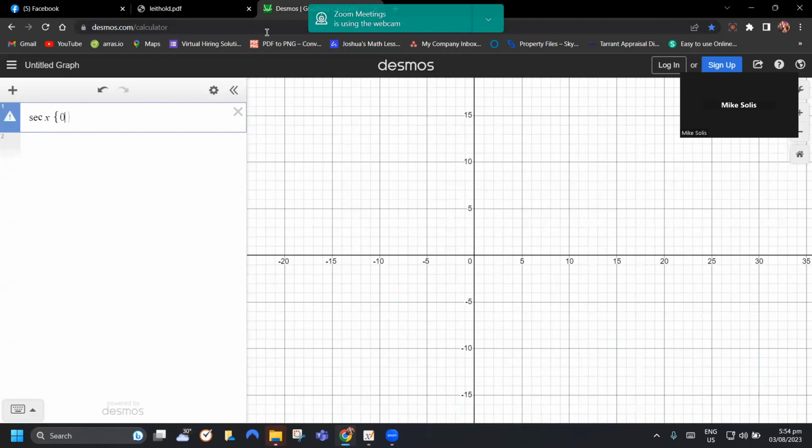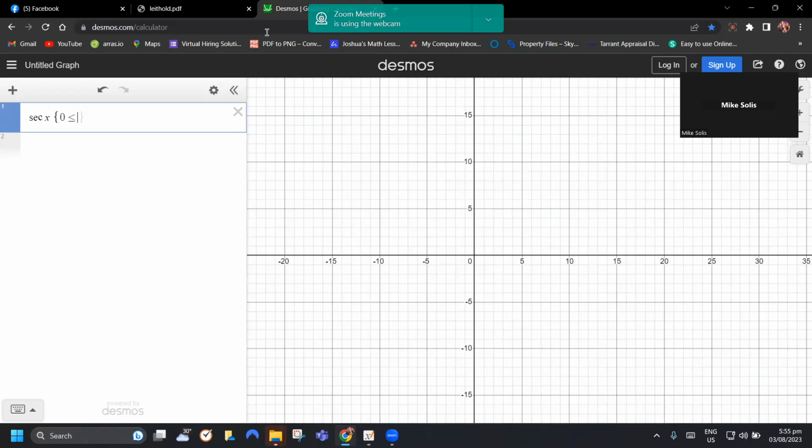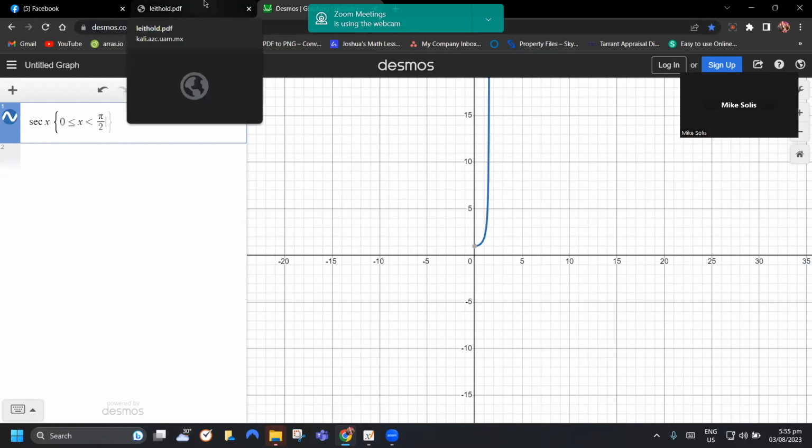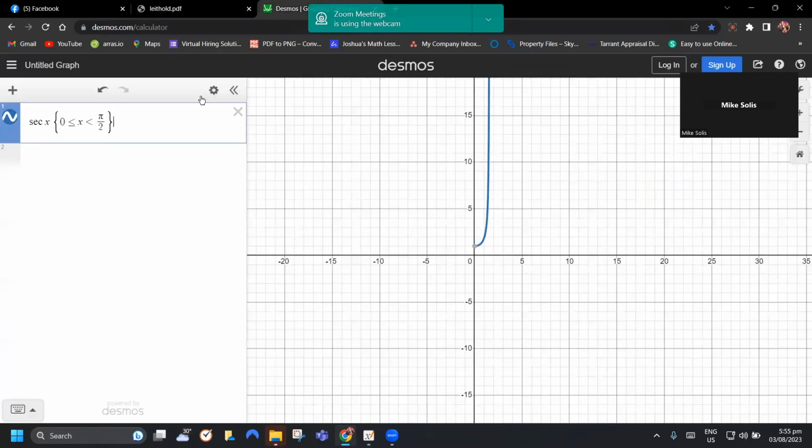Less than or equal to x, and then less than pi over 2 lang. Close bracket. Tapos sa next line, secant x ulit, pero this time pi to 3 pi over 2.